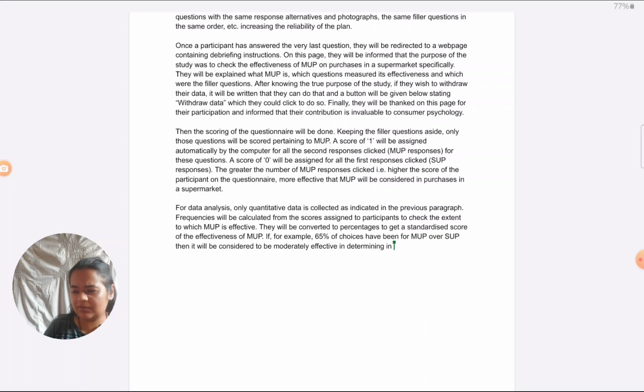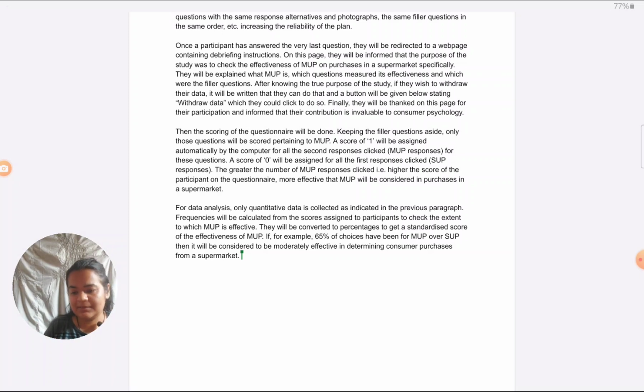Let's see what is given in the question, the wording. Yeah, determining consumer purchases from a supermarket. This is where percentage helps also. It's standardized, so we know it can be out of 100. So 65 out of 100 means it's quite effective because it's more than half.